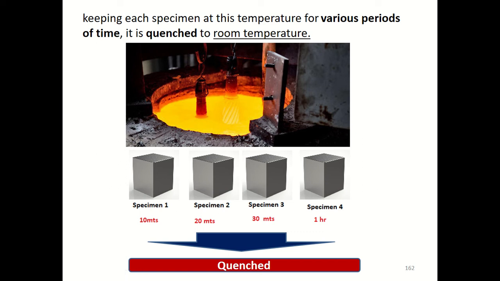Now a curve is plotted based on this information. Before that, I have 4 specimens, and I quenched each specimen to room temperature. Now I need to find out the micro constituents of each specimen, so I need to do chemical analysis.